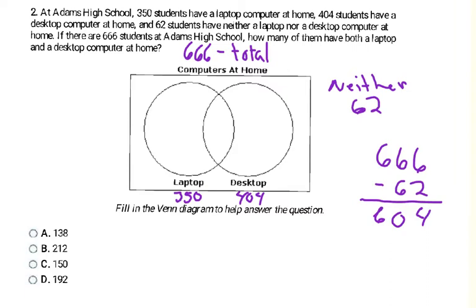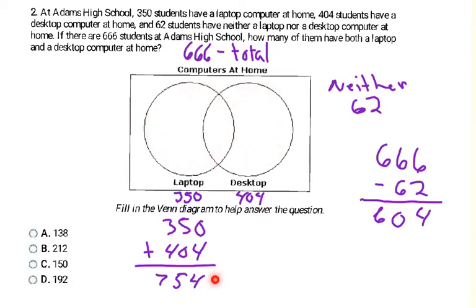My next step is going to be to add the 350 plus the 404, the two numbers they gave us for the laptop and desktop. When I do that, I get 754. That gives me the laptops, the desktops, and then it gives me the both laptops and desktops twice, because I'm counting this whole circle and this whole circle.